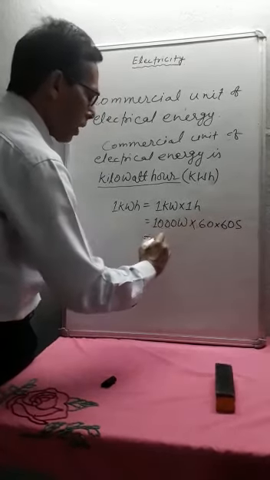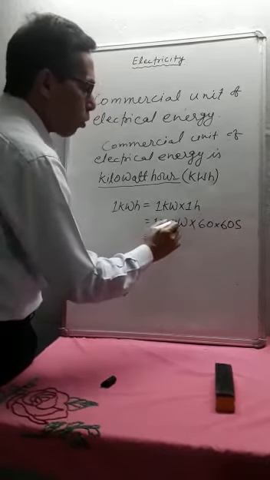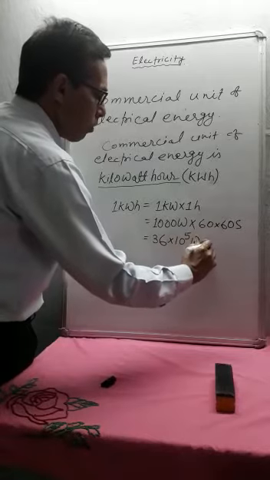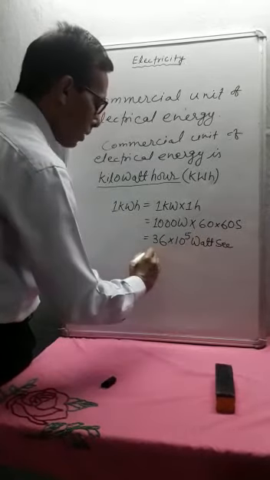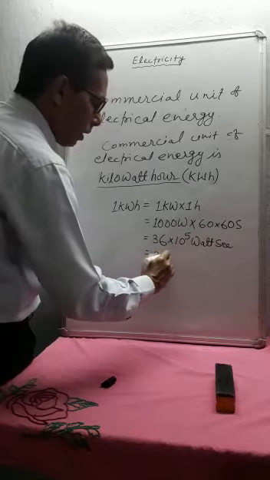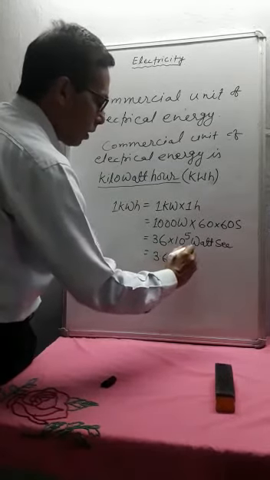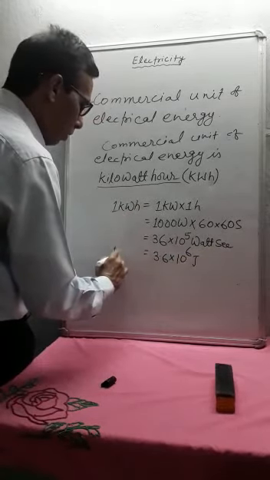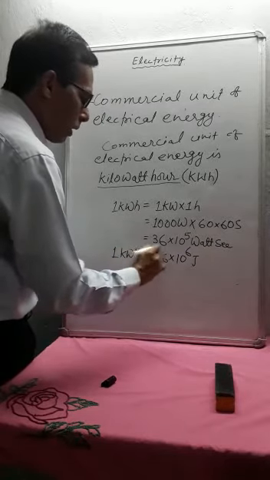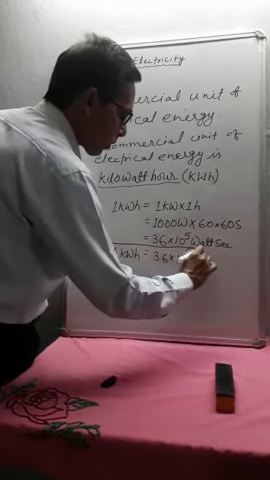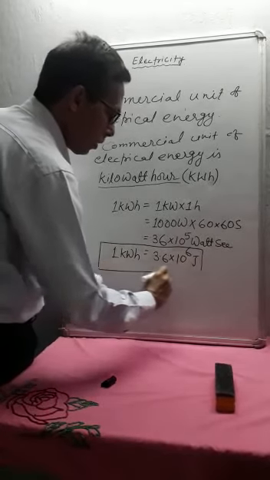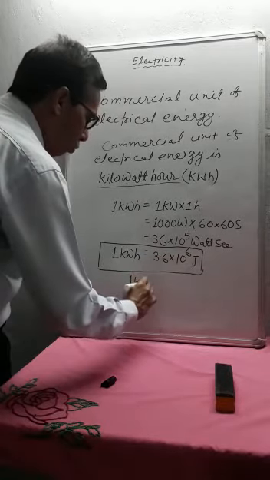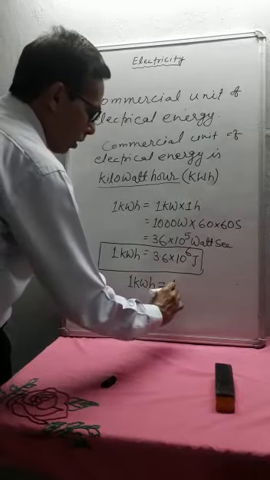So this is equal to 36 followed by 00, 3.6 into 10 to the power 6 watt second, and watt second is equivalent to joule. So 1 kilowatt hour is equal to 3.6 into 10 to the power 6 joule. Now here in solving the numericals, the 1 kilowatt hour is considered to be 1 unit.